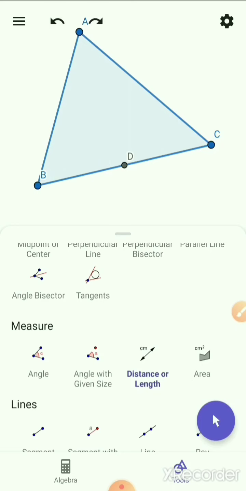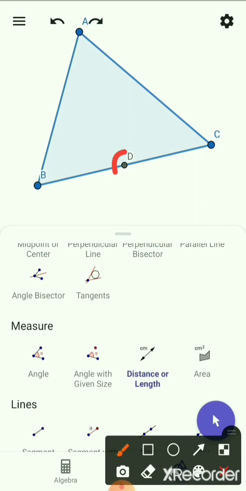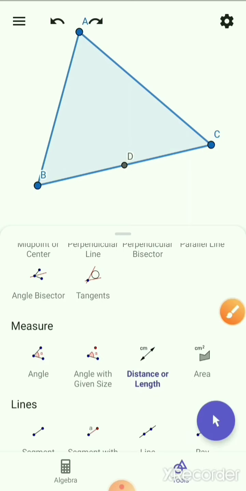If D is the midpoint of BC, I join this midpoint with the opposite vertex. Who is the opposite vertex of BC? A is the opposite vertex of BC.